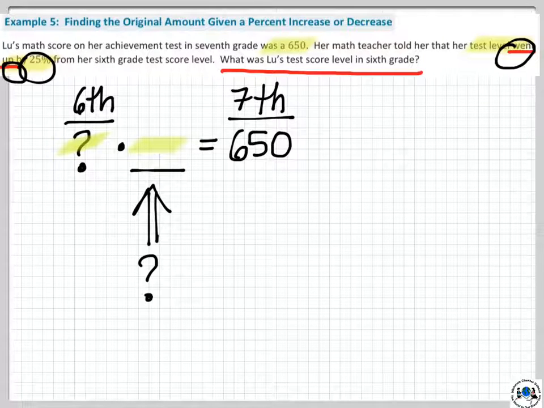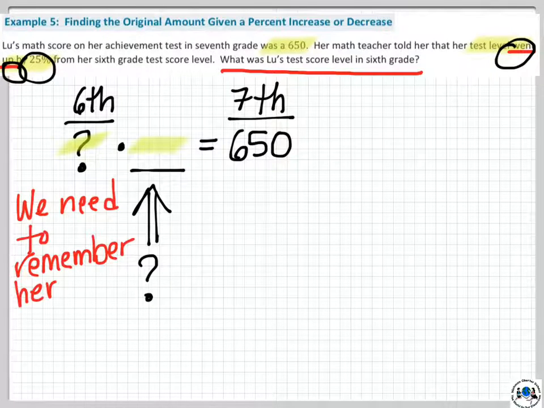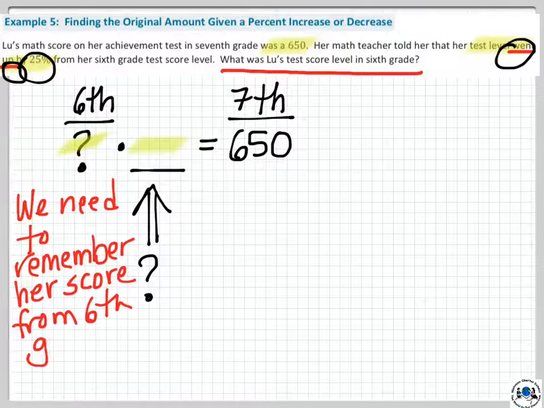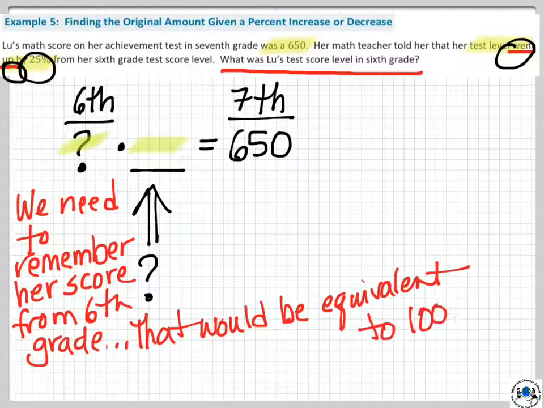So if you look at it, she went up by 100%, but we need to remember her score from 6th grade. We don't know it, but whatever she had in 6th grade, that's the 100%.